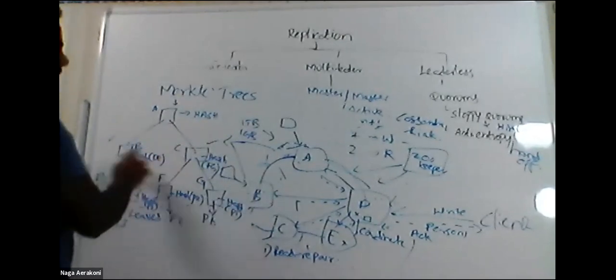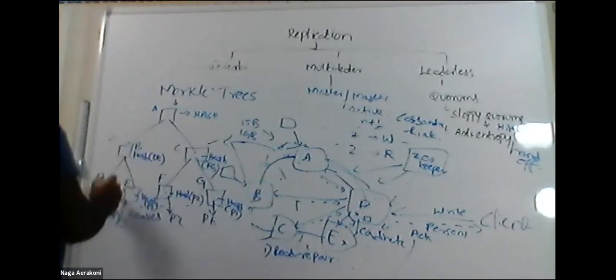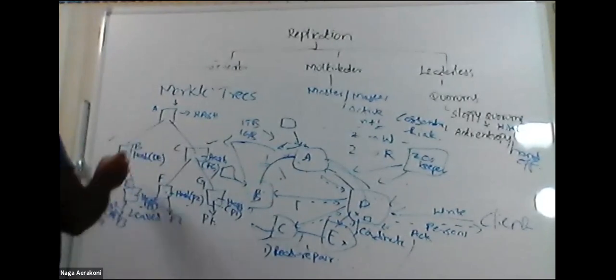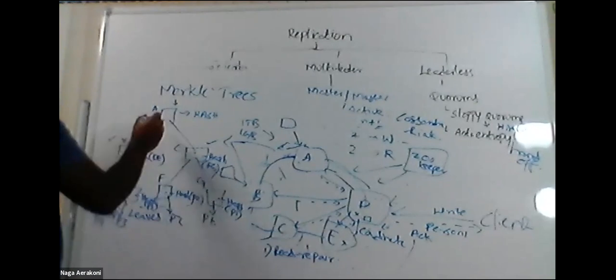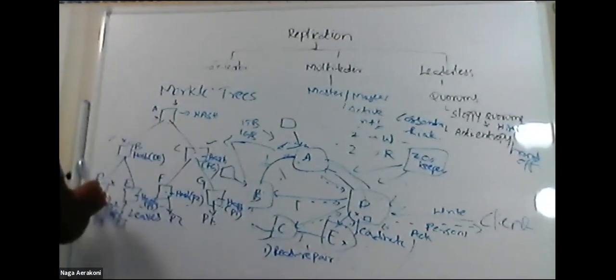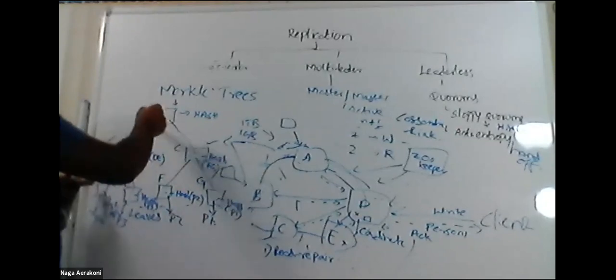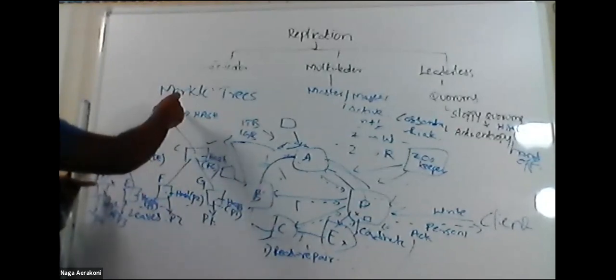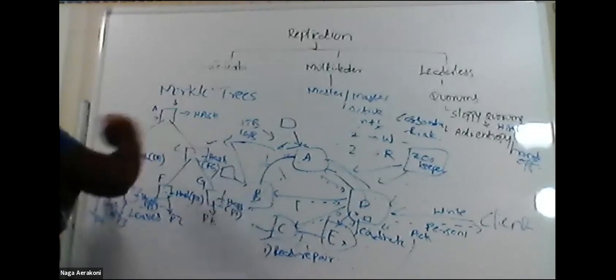It could be both, but there's a chance that only D got changed, and this changed B's hash, and A's hash also got changed. Though one node got changed, the hashes up the tree got changed, and the root hash will be changed.